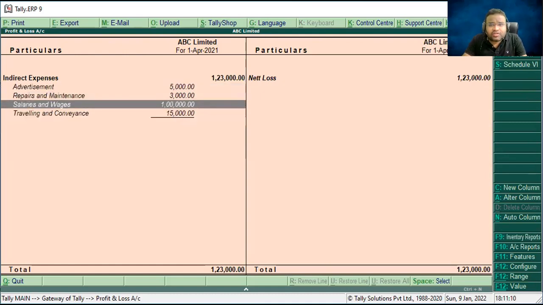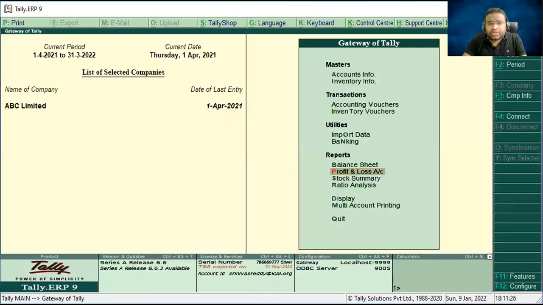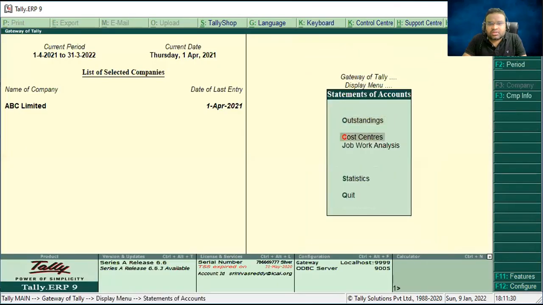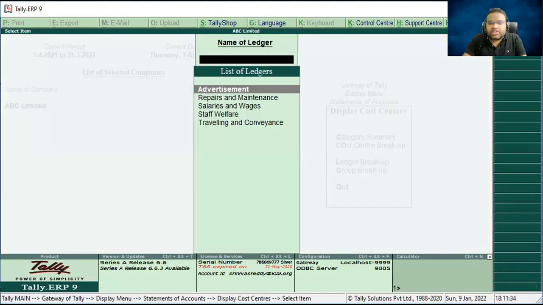Now for financial accounting purposes, what is required? I need only item-wise totals. This is sufficient for financial accounting. But for my cost control, this information is not sufficient because it is not giving me the full information required for decision making. So what I am doing, I'll go to cost centers, to cost center breakup or ledger breakup.